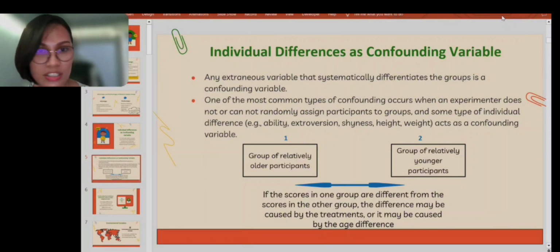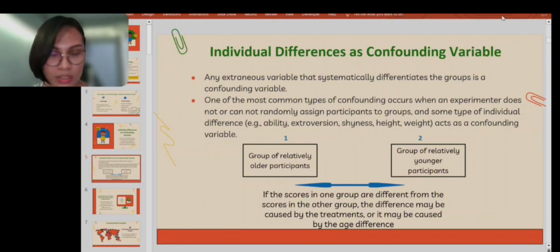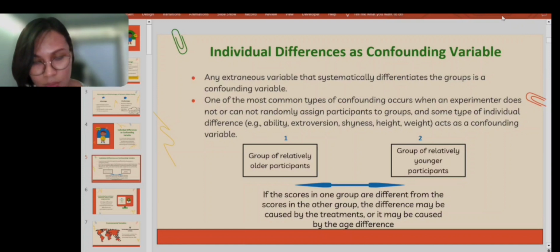occurs when an experimenter does not or cannot randomly assign participants to groups and some type of individual difference exists, such as ability, extraversion, shyness, height, or weight, which acts as a confounding variable. In the figure, we can see two groups of participants. The first group is relatively older, and the second is younger participants.